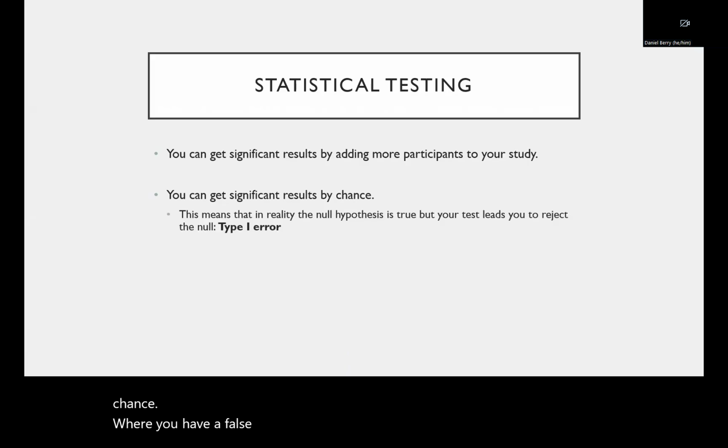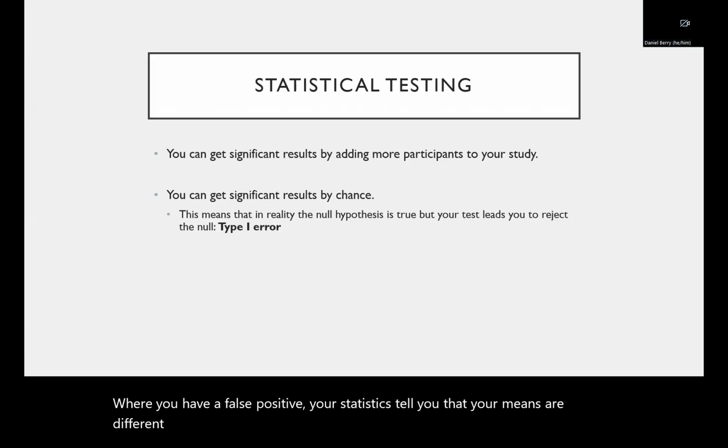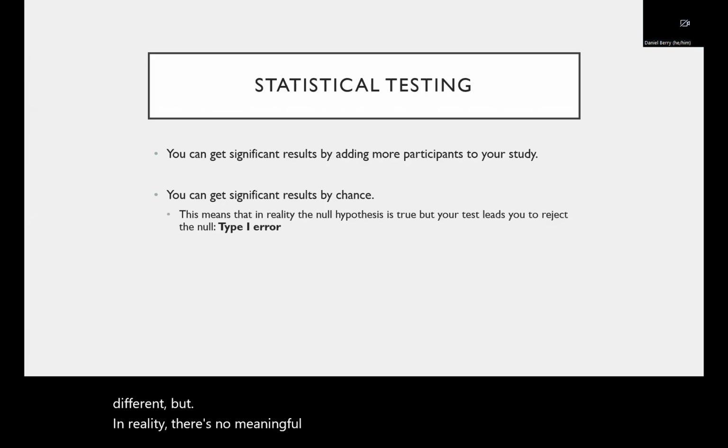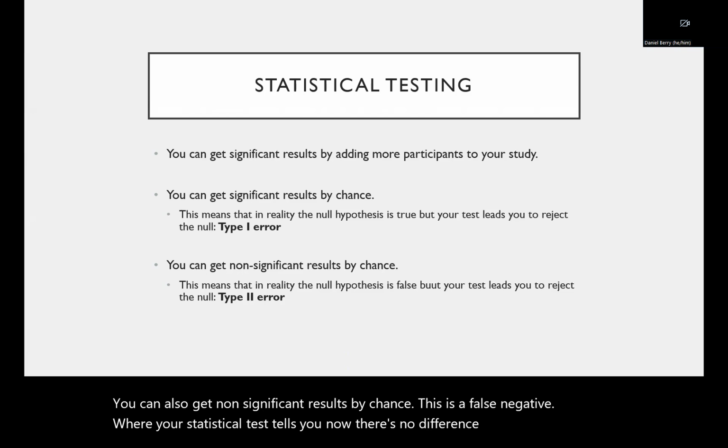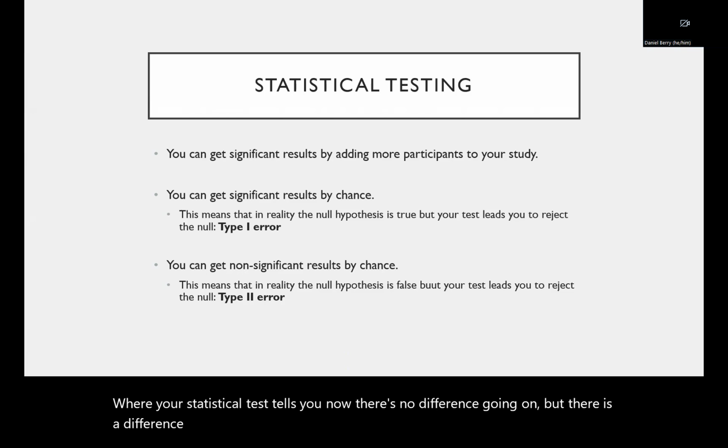Your statistics tell you that your means are different, but in reality, there's no meaningful difference there. You can also get non-significant results by chance. This is a false negative, where your statistical test tells you no, there's no difference going on, but there is a difference in reality between the means.